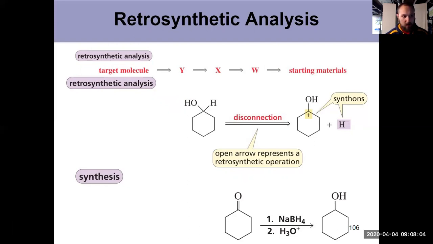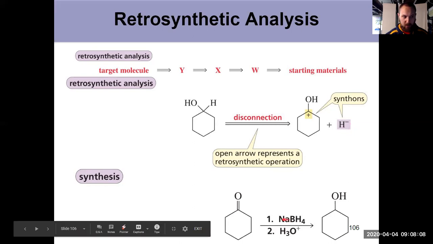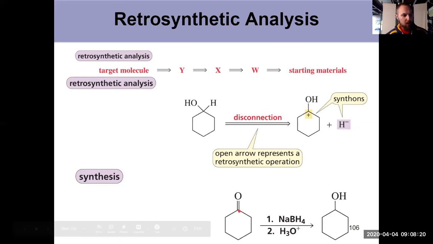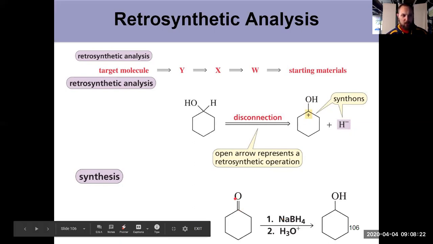Well, hydride, I know I can get from a reducing agent, sodium borohydride in this case, and a positively charged carbon next to that alcohol group, I see that on a carbonyl here. And then that kind of spurs my memory. All right, I know I can take a ketone with a reducing agent, reduce it to an alkoxide, then acid will turn it into an alcohol.